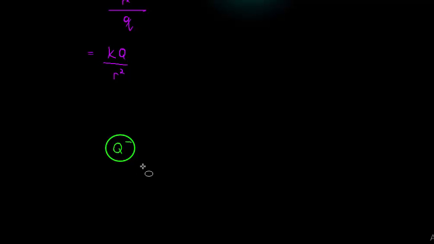Now if I wanted to draw the electric field lines around it, remember that if I draw an electric field line, I'm representing with straight lines the vector that represents the force that a positive charge will experience.